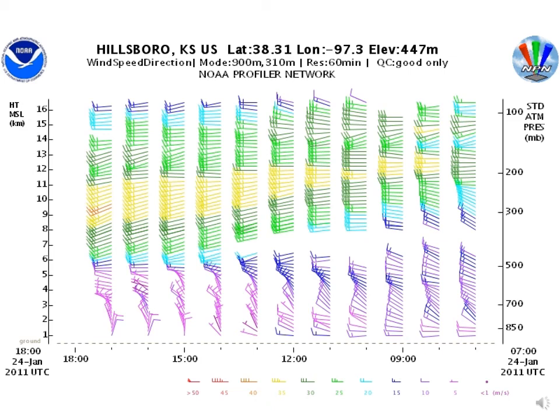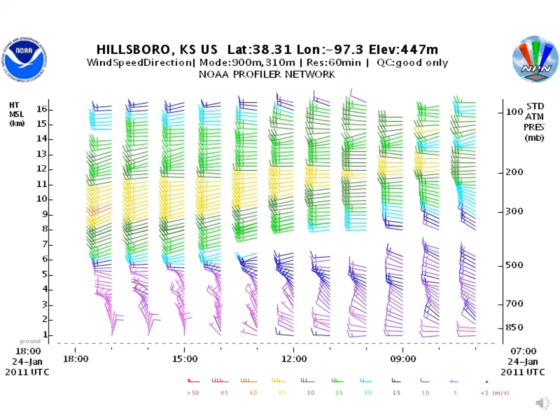If we look at the initial time way over on the right, the wind is primarily from the west, even at low levels, and it gets stronger with height, and we have a maximum wind speed up around 200 millibars, so 20 kilopascals. The units on this wind profiler are not in knots, but in meters per second. So we have the dark green up there, which gives us winds around 30 meters per second.